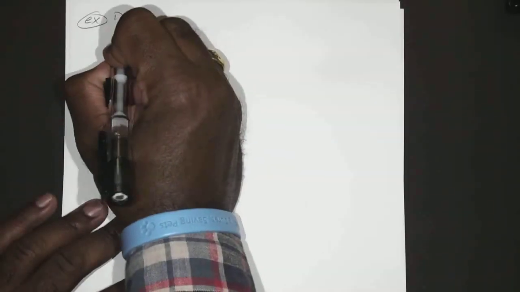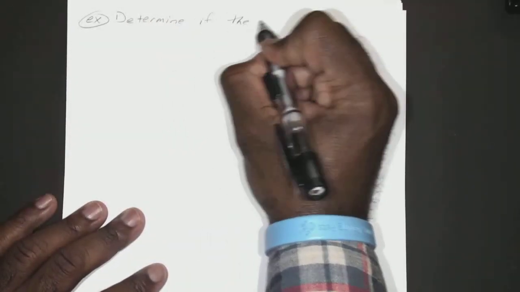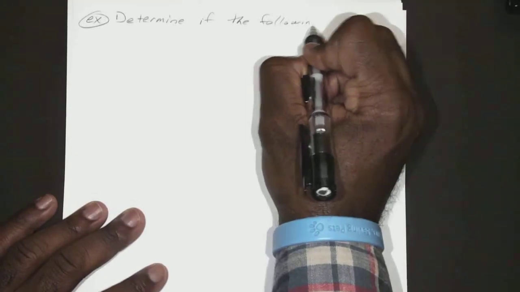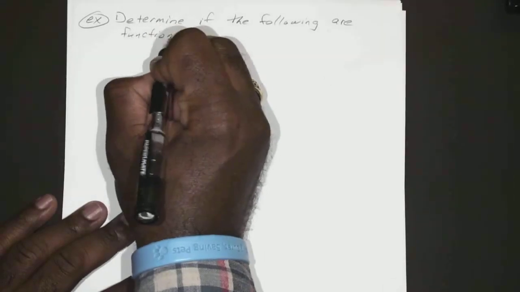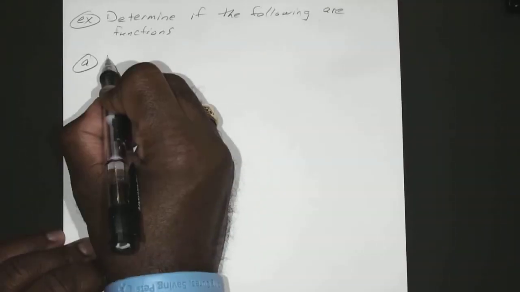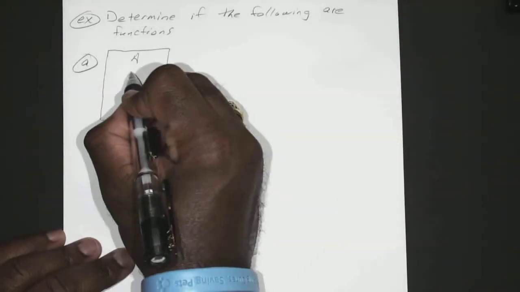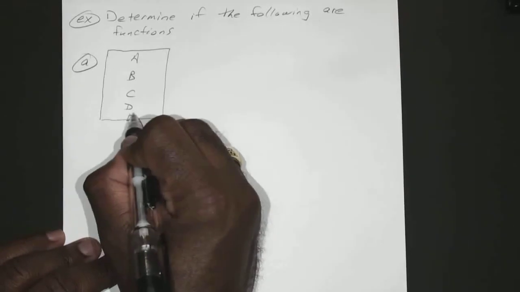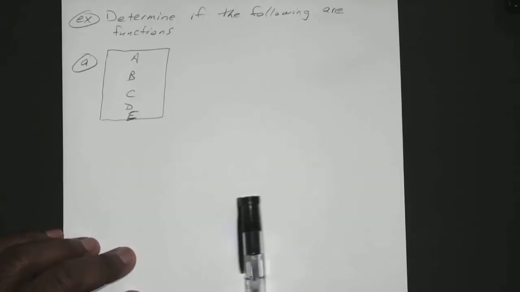Right. Let's say if we wanted to determine if the following are functions. Okay, so let's say for problem A, if we have the table with A, B, C, D, and E. And let me clean that up a little bit.